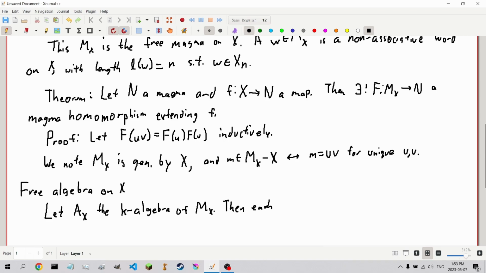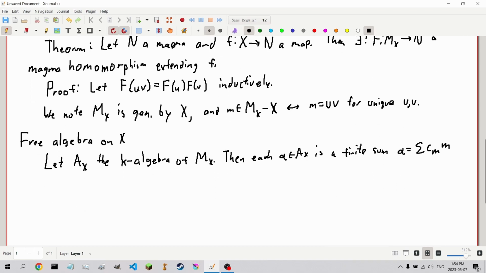Then each element alpha in AX is a finite sum, alpha is the sum of c_m m, with m in our magma and c_m in our base ring.